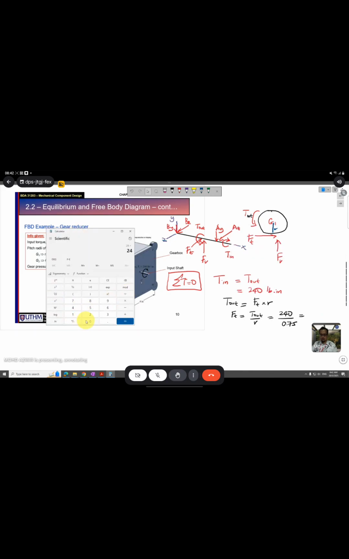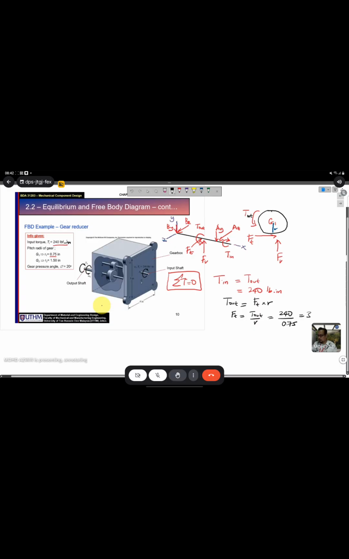Divide 0.75. So you get 320 pounds. So this is your Ft.